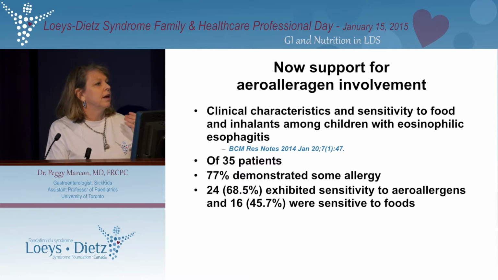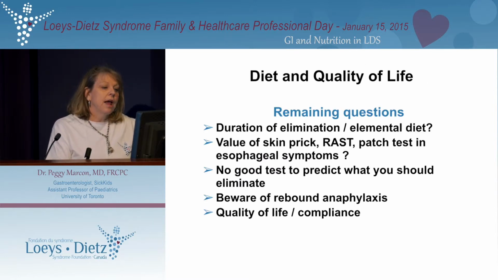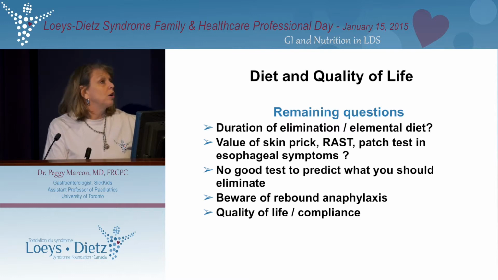And whether going back and people are starting to give allergy shots and things again, whether that's going to change some of it, we don't know. But that's possible. And then this is really the issue of diet and quality of life, because we don't really know how to necessarily pick out specifically all the foods, except we can tell you the foods that you are truly allergic to, but not necessarily intolerant to.